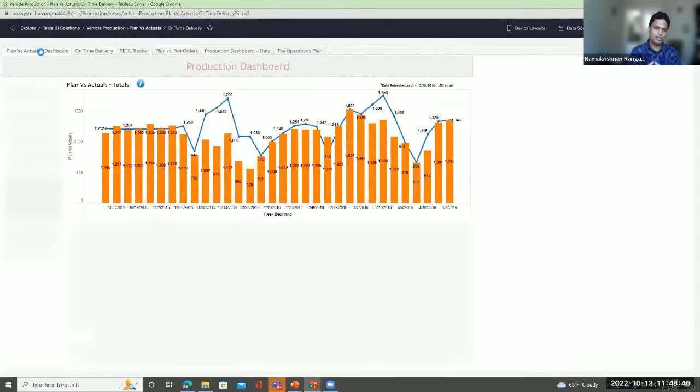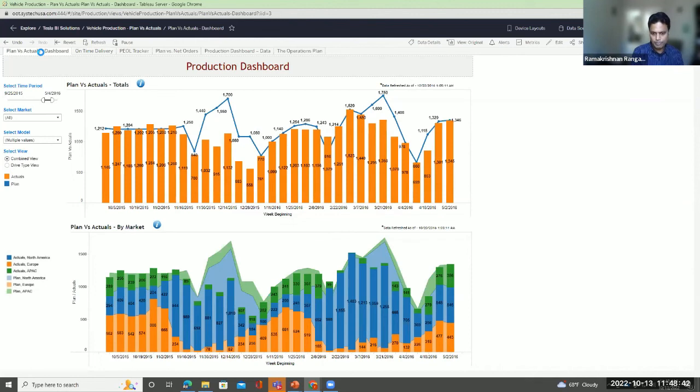Now, with the dashboards themselves, the sophistication and the complication comes in not only from getting data from the ERP systems internal to an organization, but from getting external data, like for example market data.